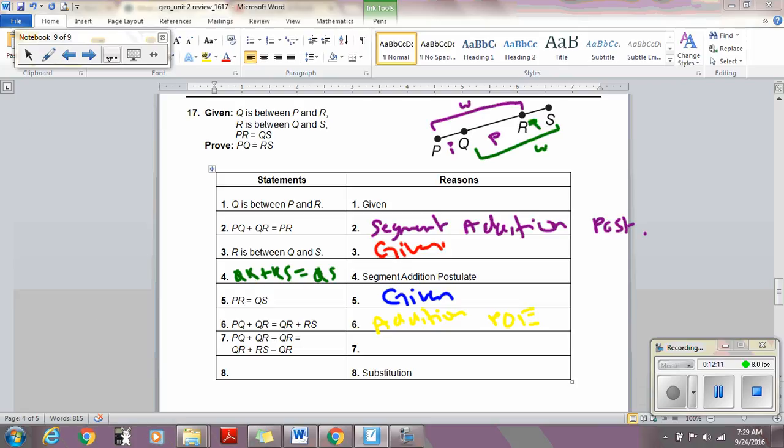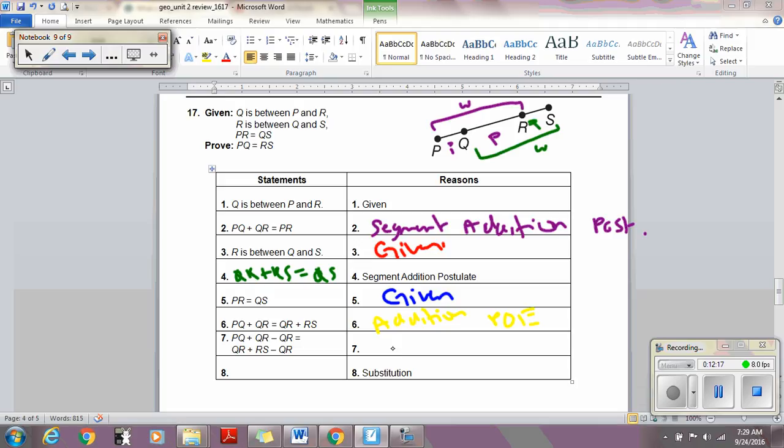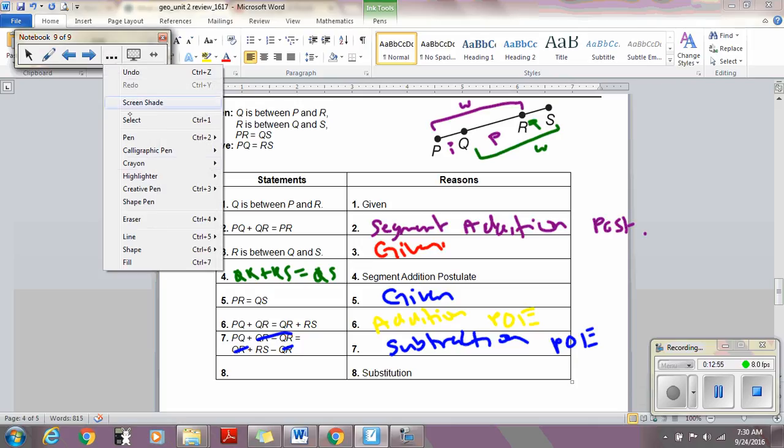So that's the subtraction property in statement 7. Now, when you subtract QR on both sides, they will both disappear, and all you'll be left with is PQ equals RS.